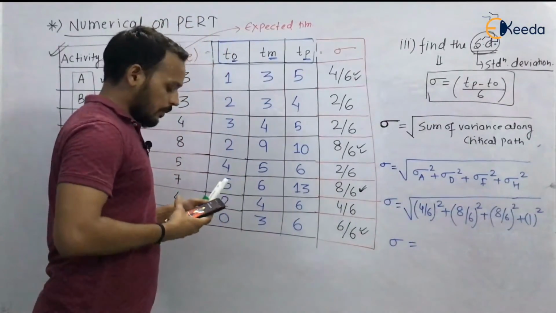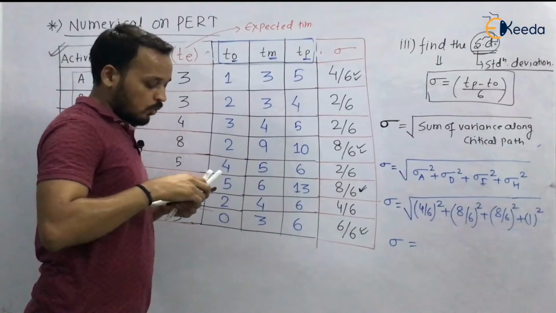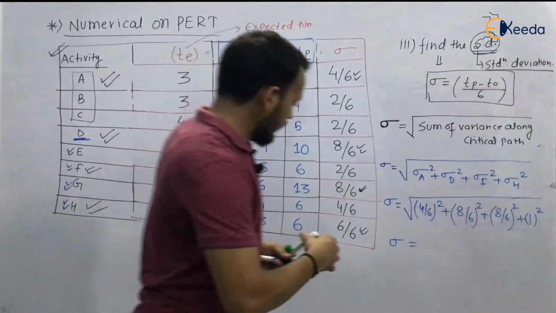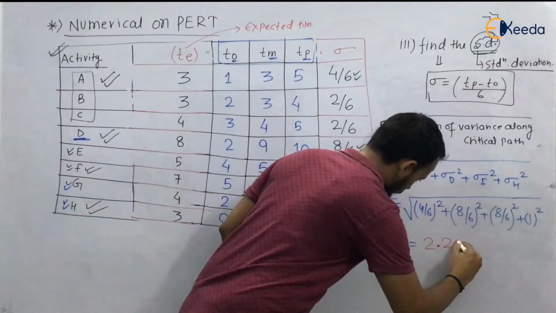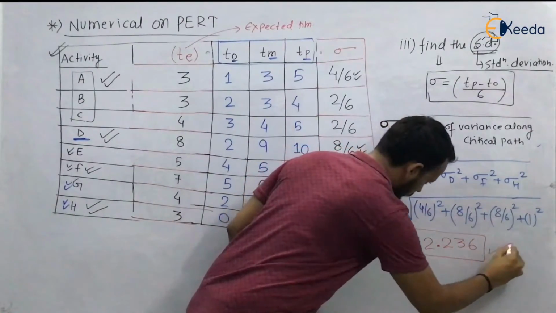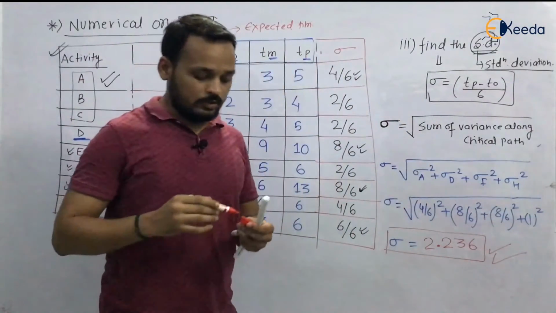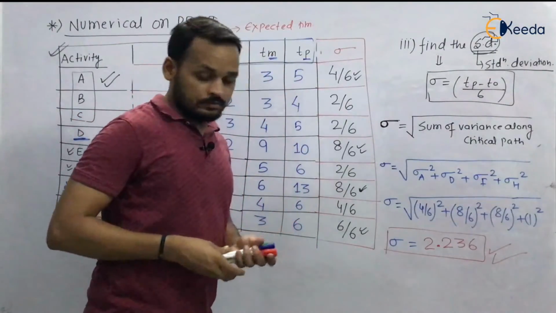Sigma will be, I am writing the answer, 2.236. Sigma is 2.236.